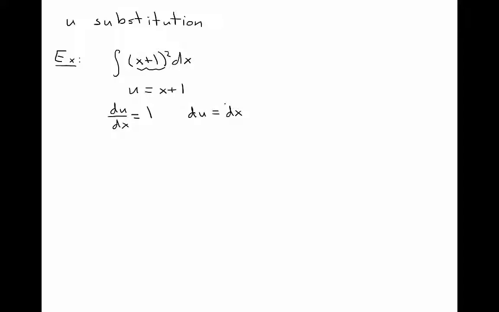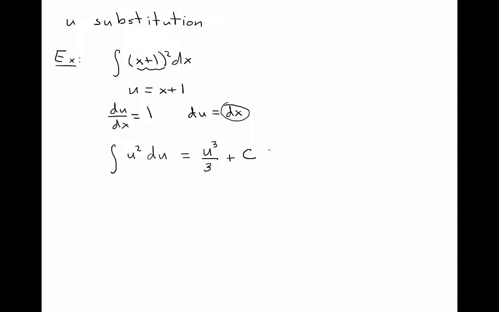And we need to find whatever du is in our integral. That's easy in this case because du is just dx. So let's do our substitution. X plus 1 is u, so that's u squared. Dx, we have our dx, so we can just replace that with du. So we do our integral, bump up the power on the u, u cubed over 3. Add c.